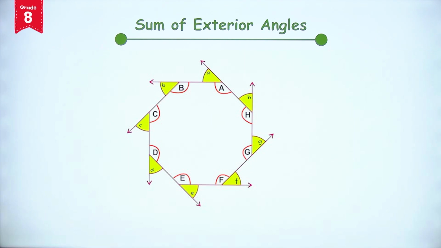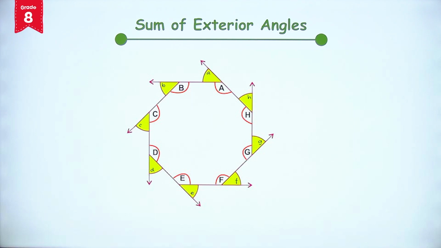Observe its internal angles marked as capital A, capital B, capital C, capital D, capital E, capital F, capital G and capital H. Now look at the 8 exterior angles marked yellow adjacent to each interior angle.